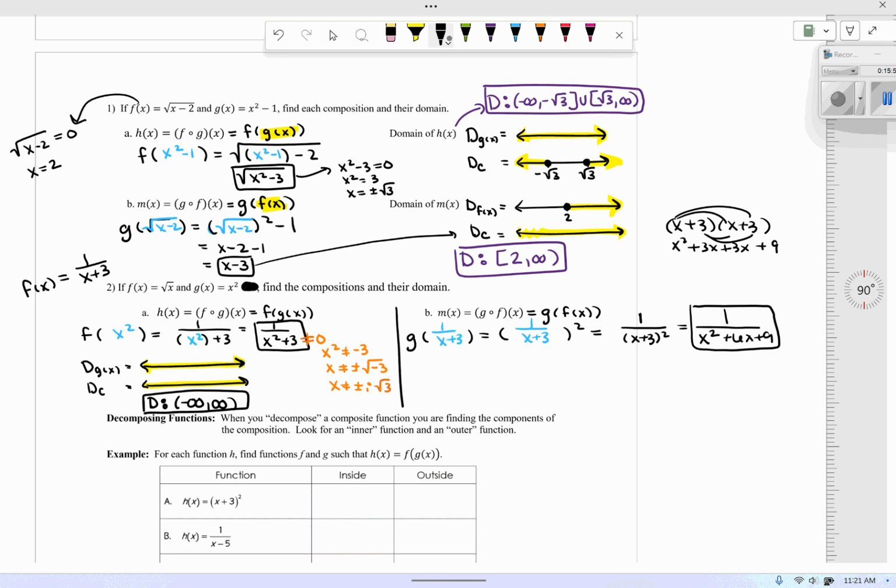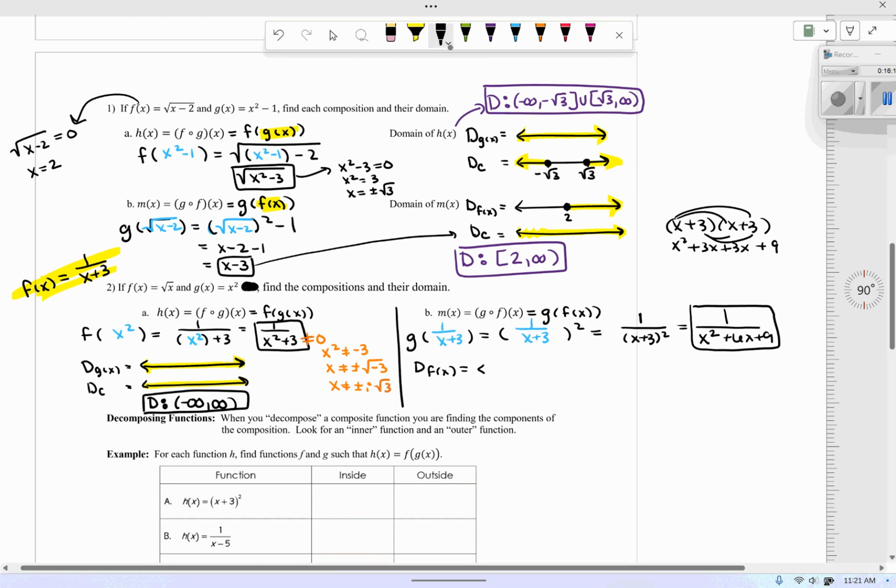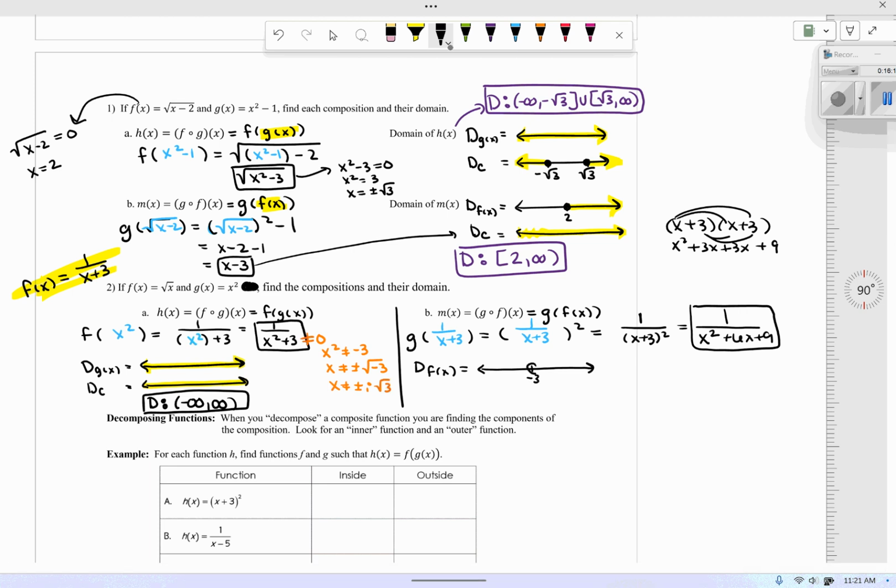And now we need to find the domain. So we need to look at the domain of what we're substituting in, which is f of x. Remember, we're using this function over here. So the domain of f of x, we know that what makes my denominator 0 is -3. So on my number line, I have -3 with an open circle because we cannot be equal to those values that make our denominator 0.